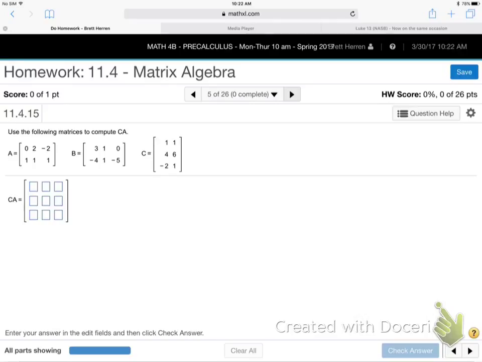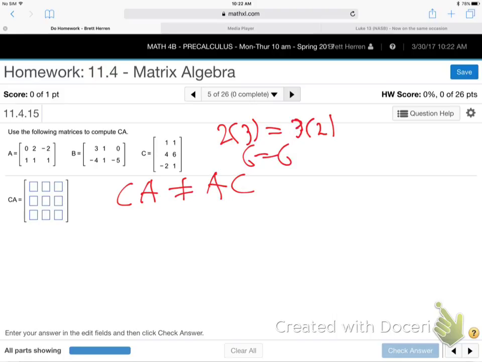All right, so here we are. The order matters: CA is not the same as AC. That's something we're not used to. With the numbers we're used to, multiplying two numbers never depends on order. 2 times 3 is the same as 3 times 2. They're both 6. That's called the commutative property of real numbers. They commute, they go back and forth. It doesn't matter what order. But for matrices, the commutative property does not hold.